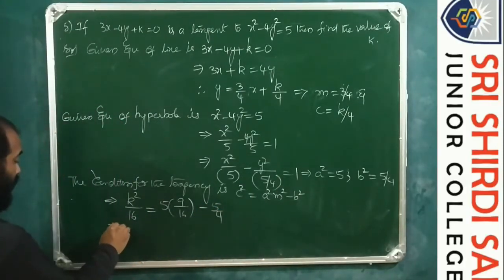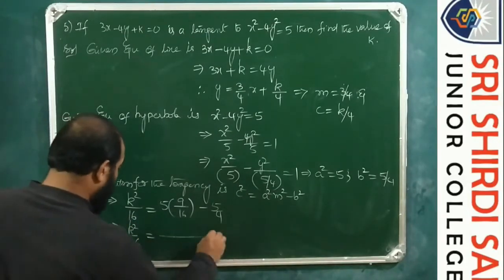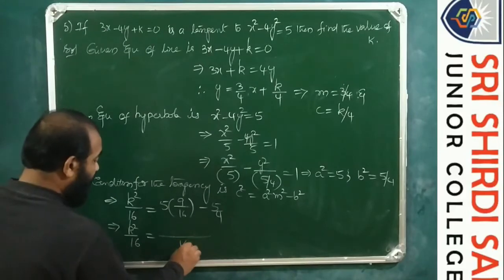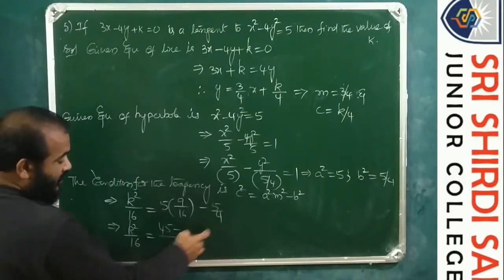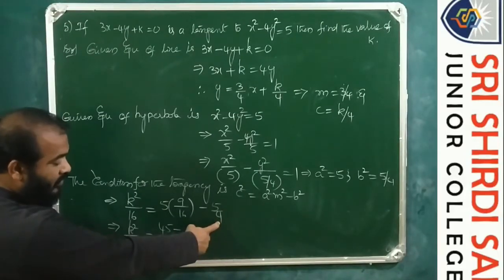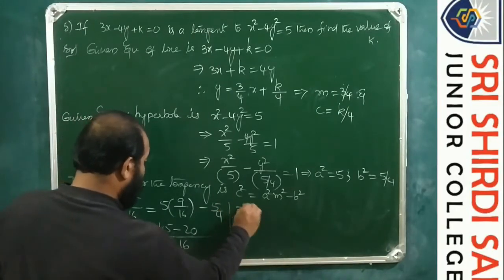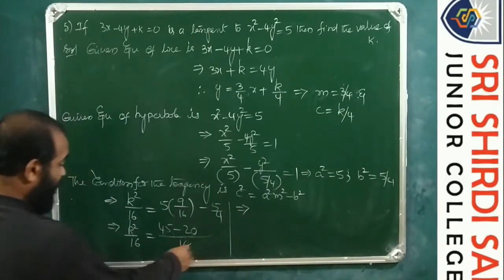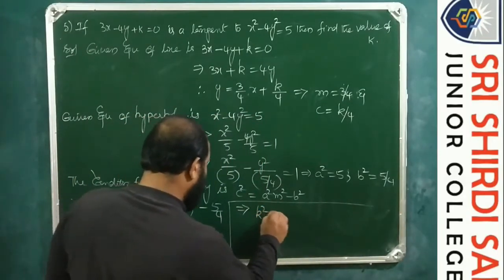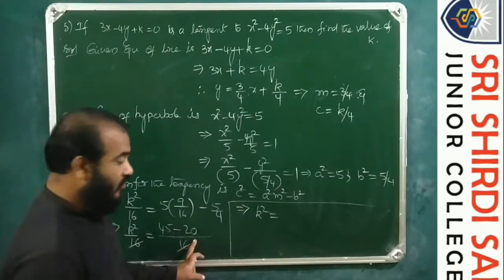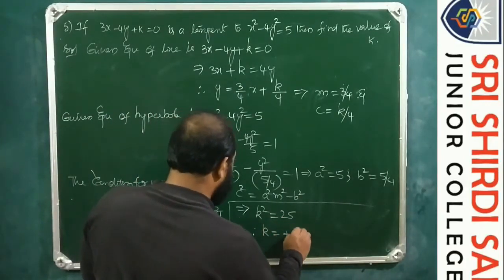So k square by 16 is equal to, the LCM for 16 and 4 is 16, 5 nines are 45, minus 16 by 4 is 4 times 4 fives are 20. So from this, 16 on both sides gets cancelled. K square is equal to 45 minus 20, which is 25. Therefore, k is equal to plus or minus 5.